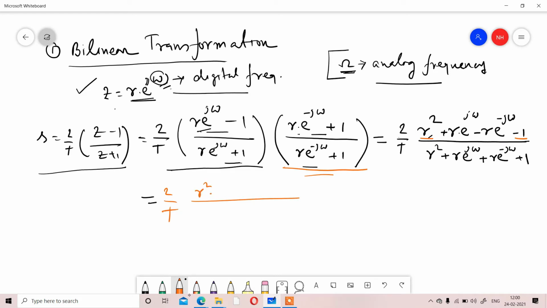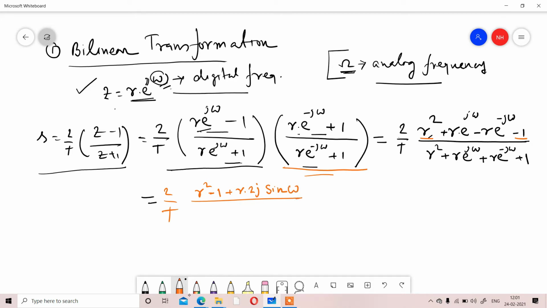R square minus 1. And the remaining part, if we make r common, that is e to the power j omega minus e to the power minus j omega. So if we consider a value of 1 by 2j, it will be simply multiplied by 2j, and the remaining part will be sine omega.